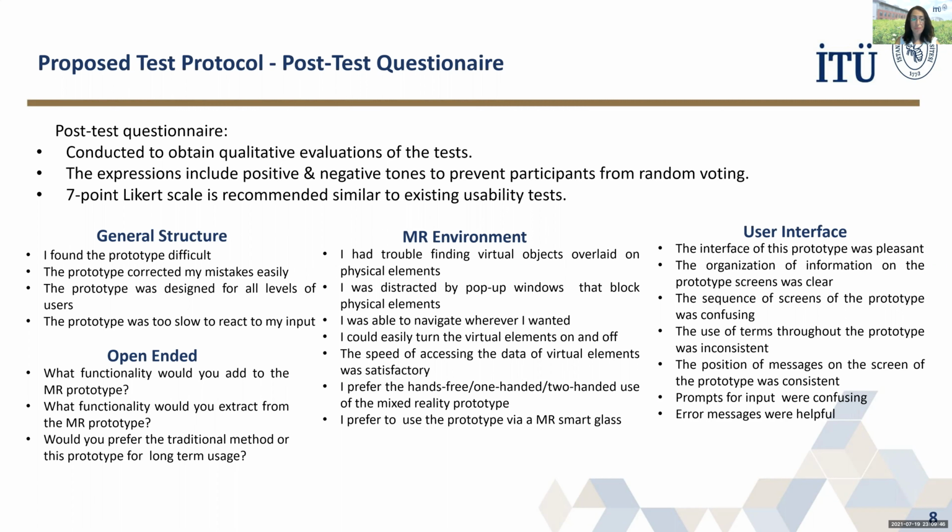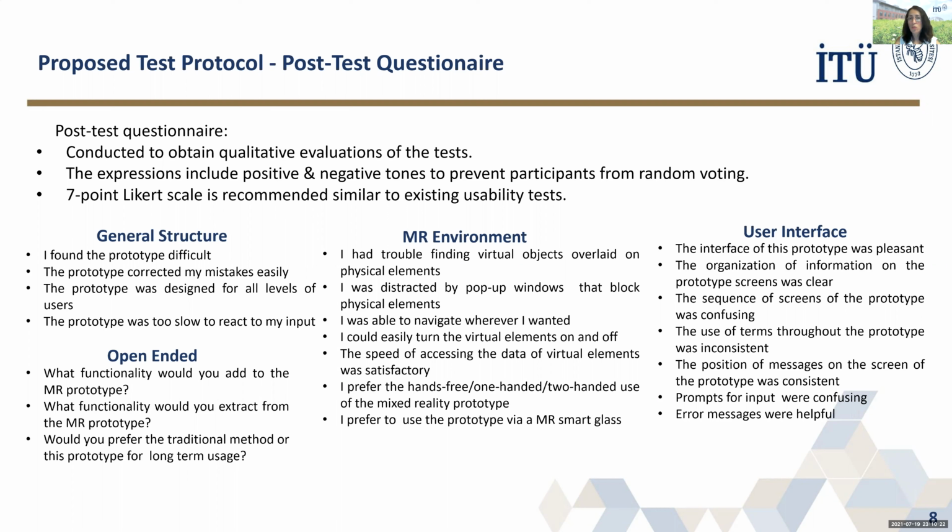The second part of the questionnaire is evaluating the MR environment, and this is specific to mixed reality environment. So we included statements such as, I had trouble finding virtual objects overlaid on physical elements. I was distracted by pop-up windows that block physical elements. I was able to navigate wherever I wanted.